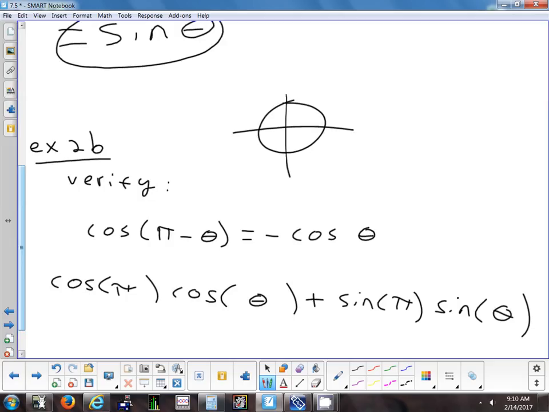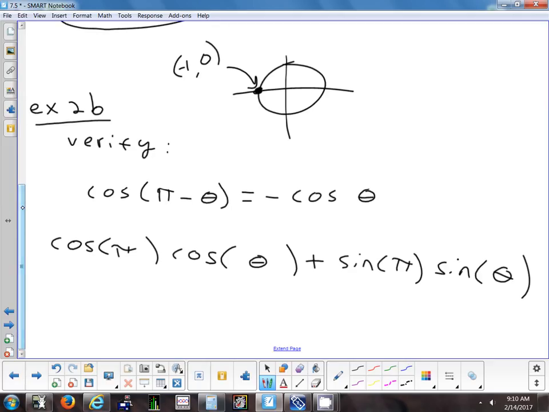Where's pi? How many degrees is that? 180. What's the coordinate right there? Negative 1, 0. And cosine is which letter? Cosine is x, so it'd be 0. I agree cosine is x. Cosine is a negative 1, sorry.